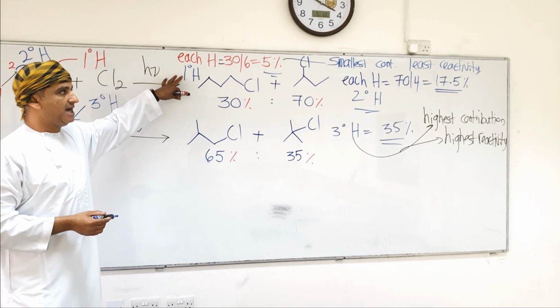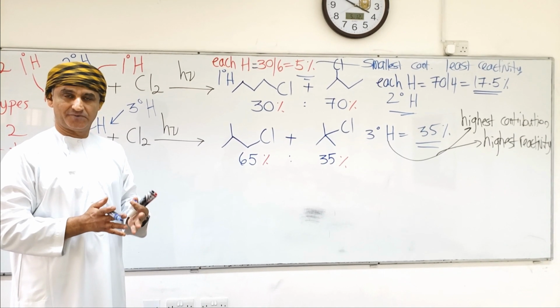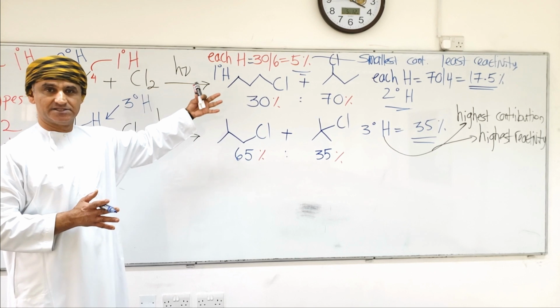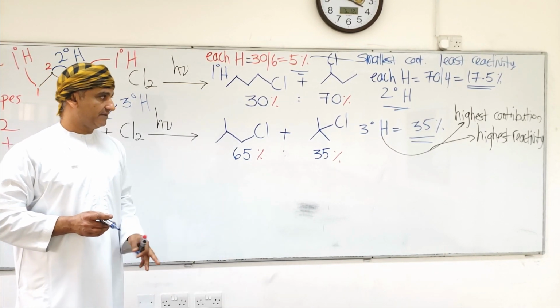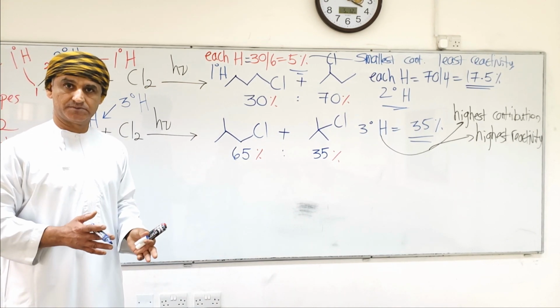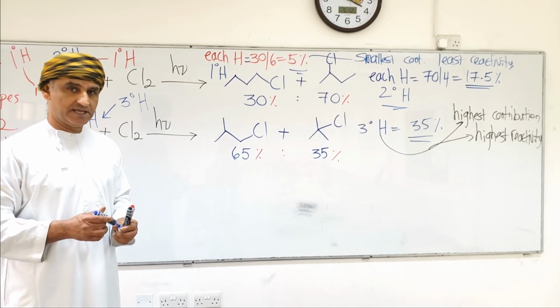So the primary hydrogen gave the smallest yield, therefore the smallest contribution, and therefore that is considered to be the least reactivity. On the other hand, the tertiary hydrogen gave the highest contribution, and therefore that could be attributed to the highest reactivity.